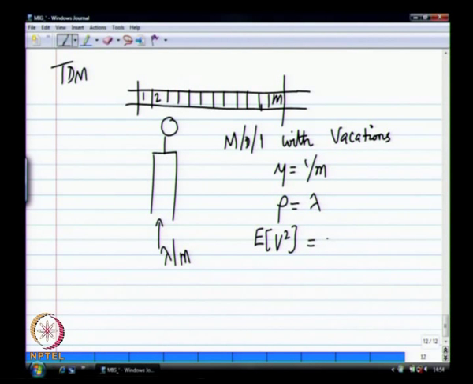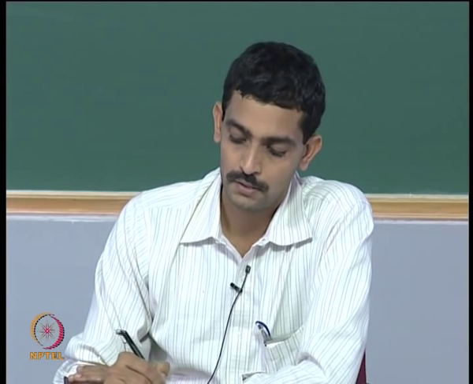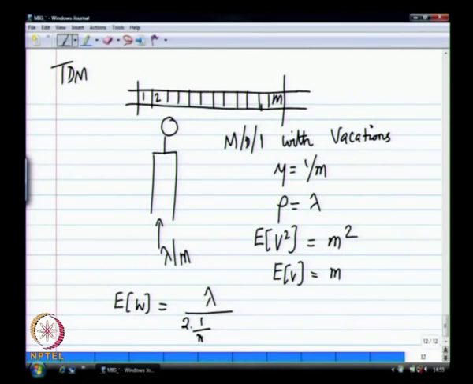So E[V squared] is m squared, E[V] is m, fixed. So therefore E[W] is basically rho by 2 mu into 1 minus rho, where rho is lambda, mu is again 1 by m, plus the vacation term.